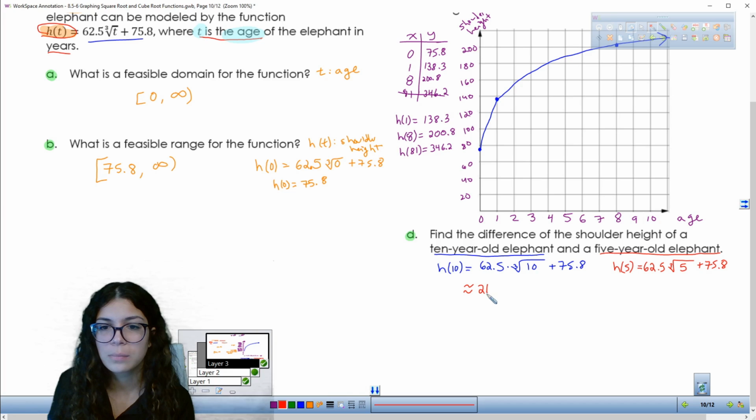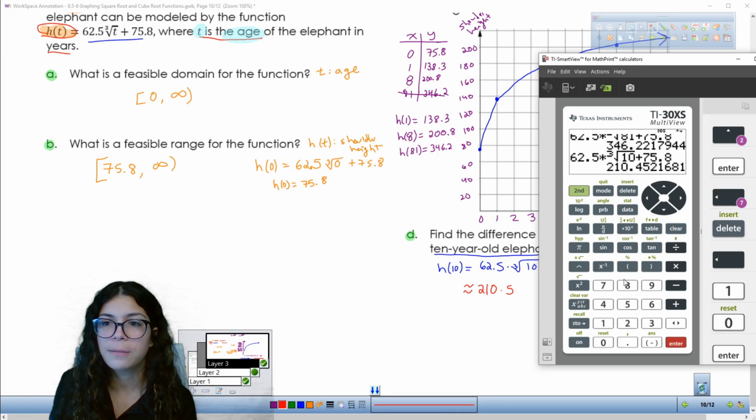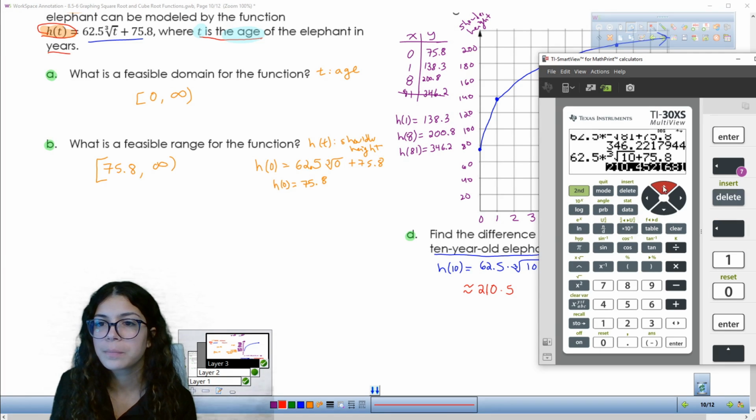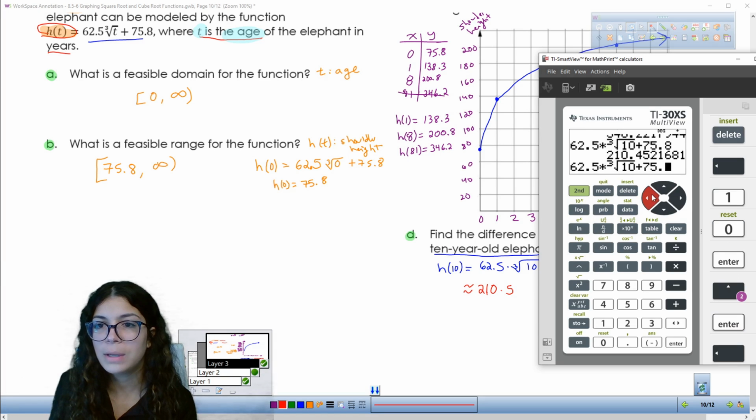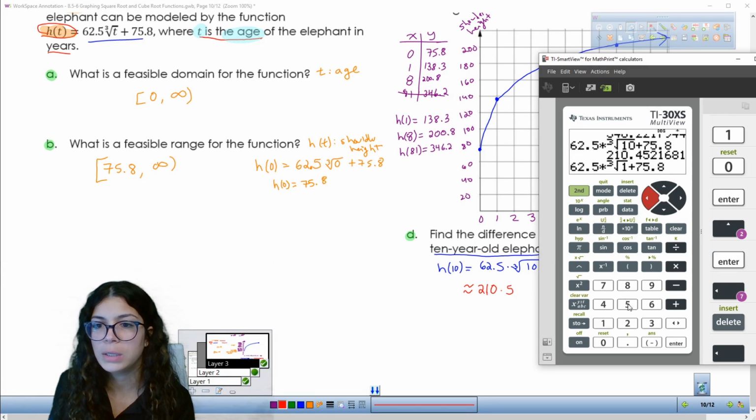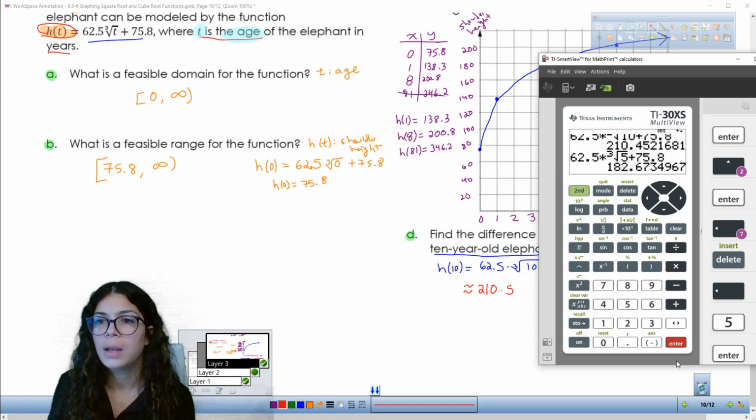And plugging in a shoulder height of 5, now I'll need to delete that second digit because 5 is only 1 digit long. And that is about 182.7.